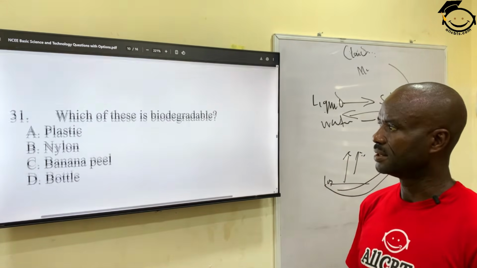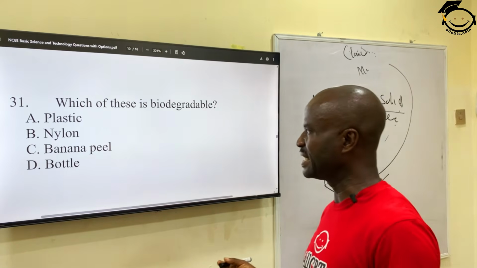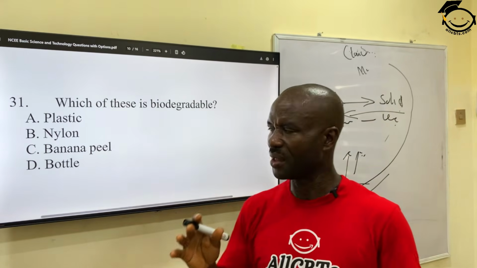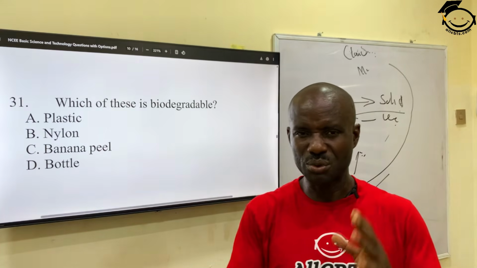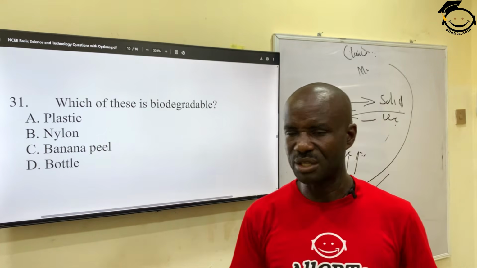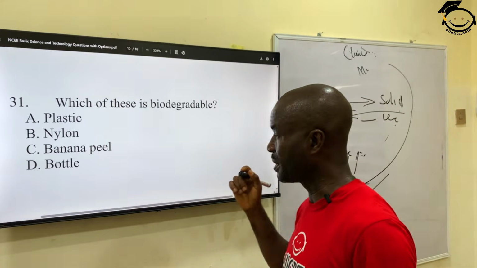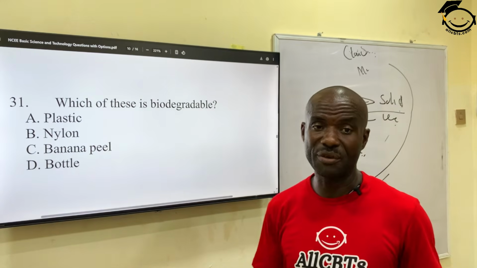Question 31. Which of these is biodegradable? When we say biodegradable, it is the ability of a substance or an organism to break down into smaller particles, the ability of a material to decay.